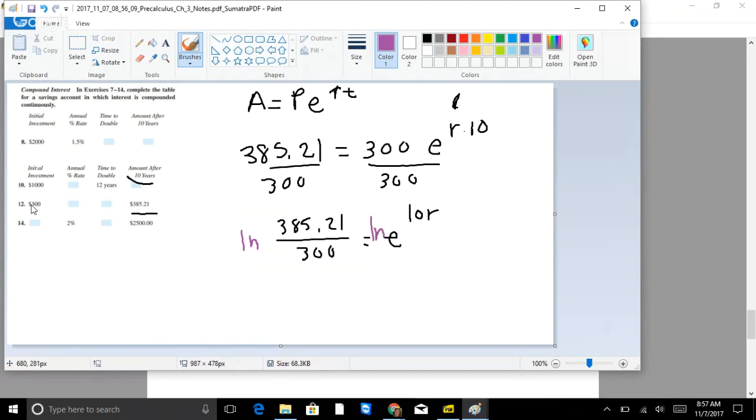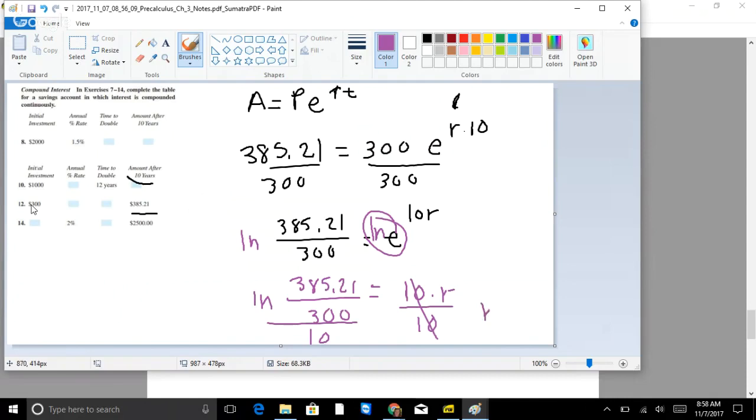So on the right-hand side, we're left with 10 times r, because the natural log of the Euler number is just 1, right? And our exponent comes down. 10r equals the natural log of 385.21 over 300. And my last step is going to be to divide both sides by 10.